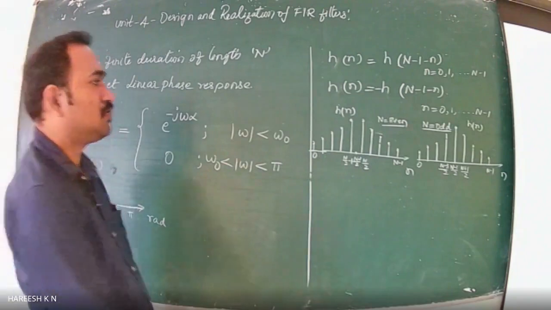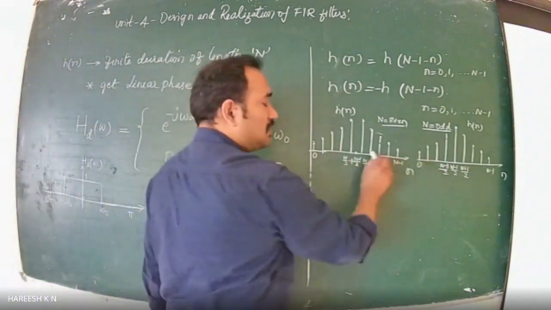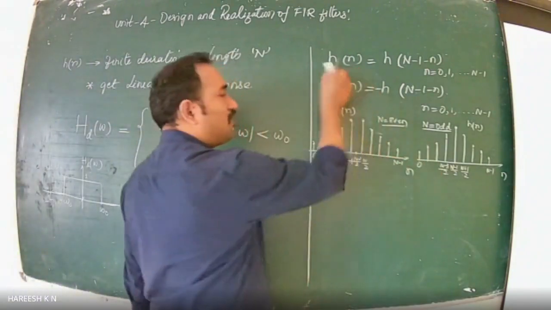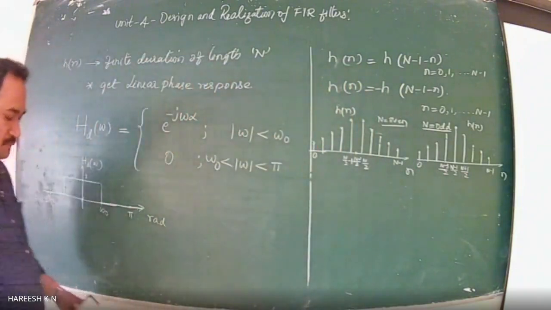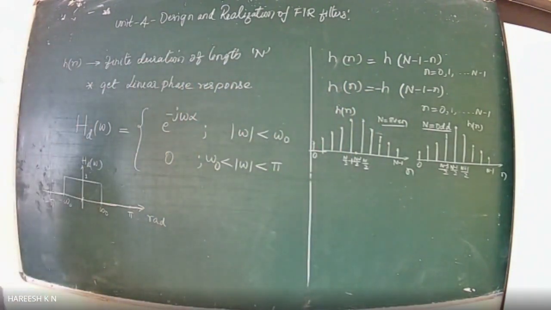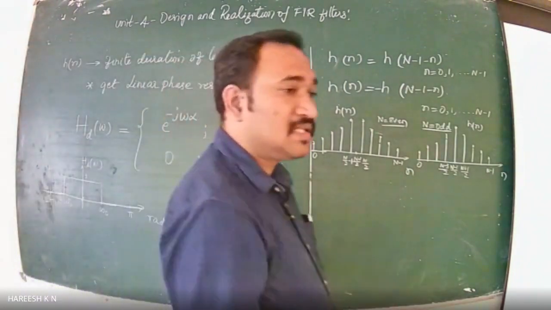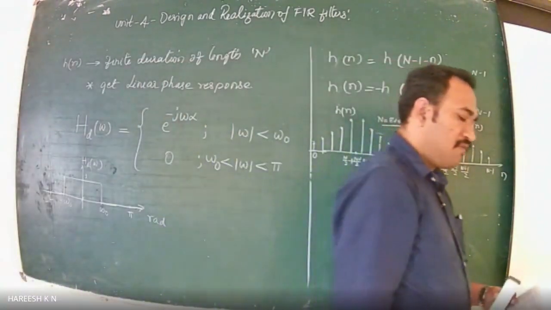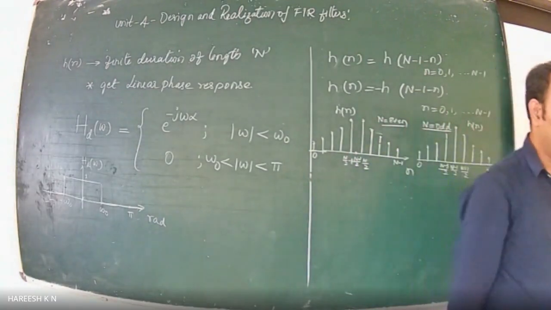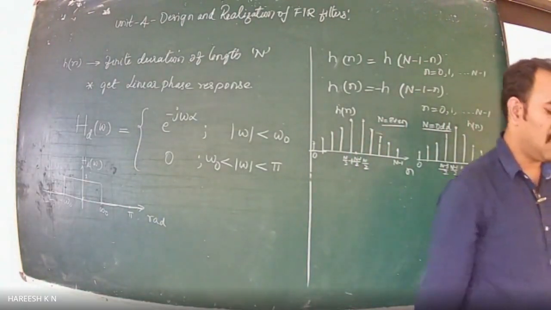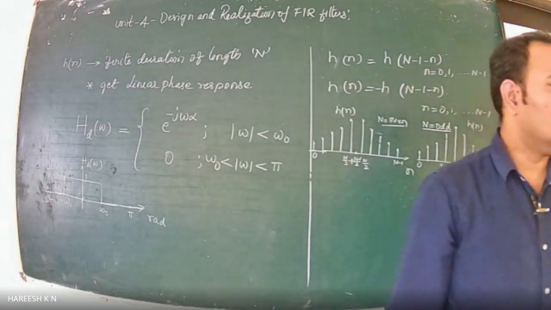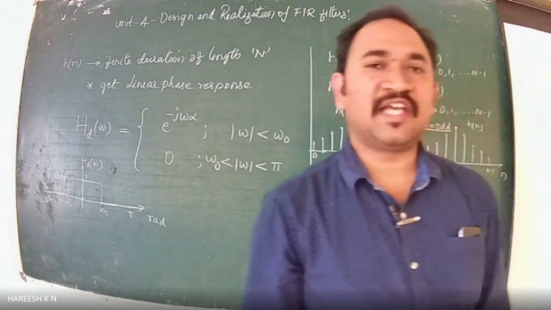Now, this is with respect to symmetric even and symmetric odd types of impulse response, right? Now, if H of z is the system function of a digital filter, then the frequency response of such a digital filter is obtained by letting z equal e to the power of j omega.